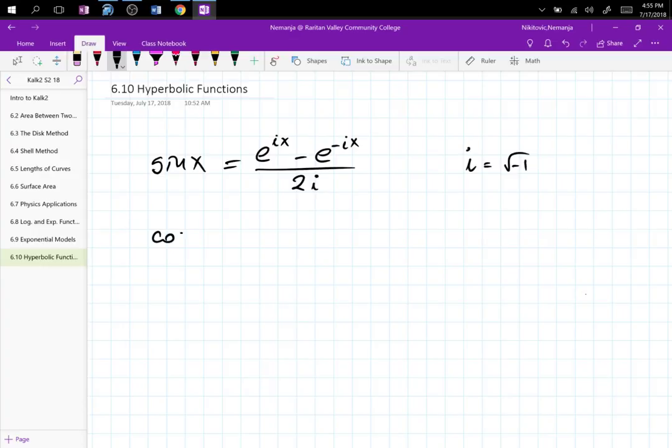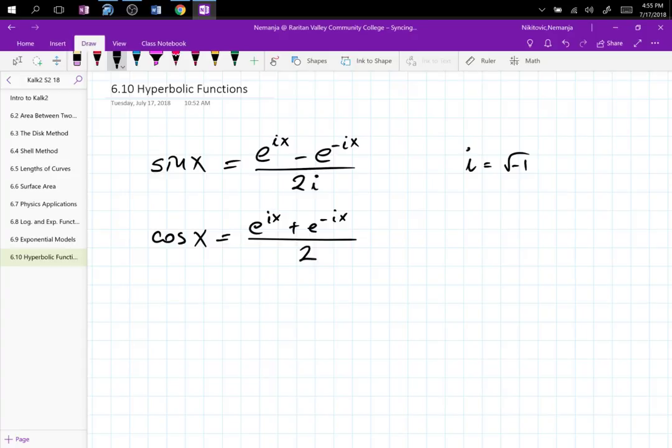And he also figured out that he can get the cosine x as e to the ix plus e to the negative ix over 2. So these are the two formulas that he discovered, and they really worked well to solve problems, either way, using either e's or trig.